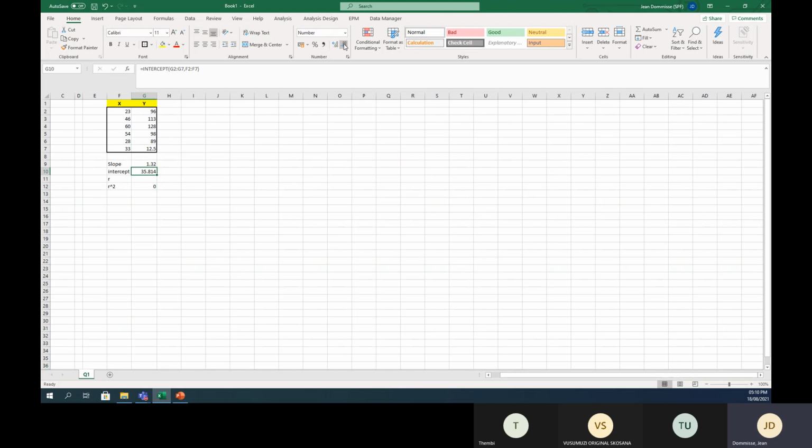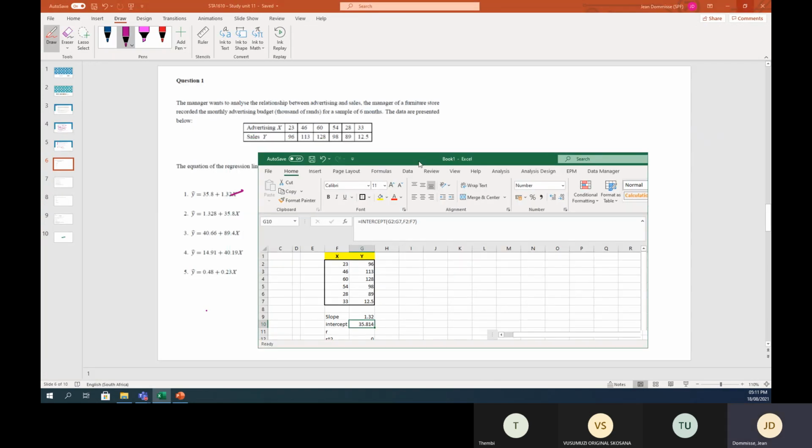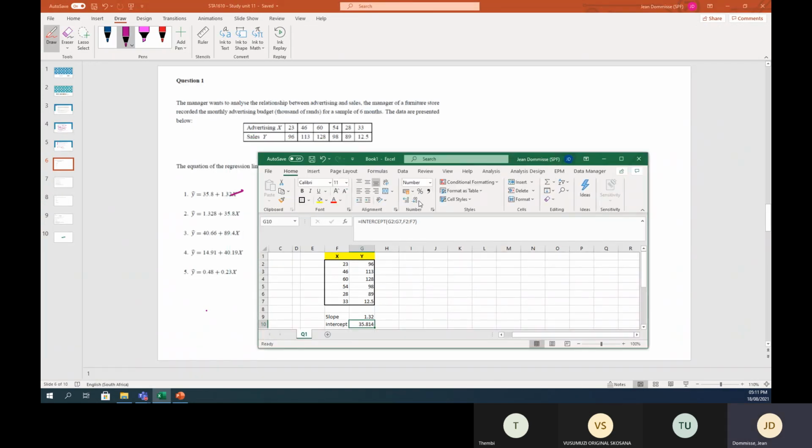So the intercept is 35.81. We can again say 35.8. So what we have now calculated is that first line, where the intercept is 35.8 and your slope is 1.32x.